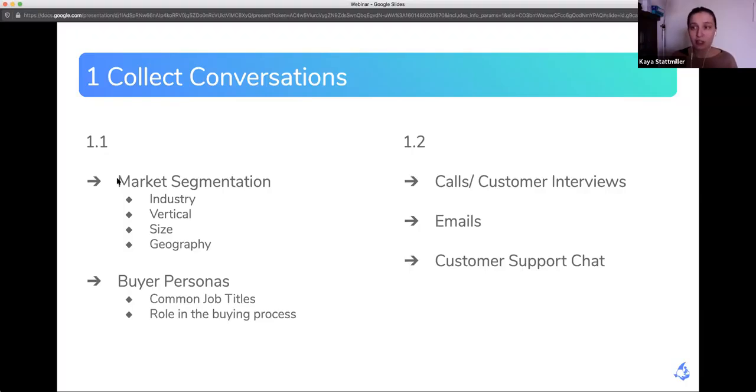Especially with emails, you want to focus on people who normally initiate the conversation, but you also want to be aware of what other people from the buying committee talk about. So that's in terms of the segmentation.